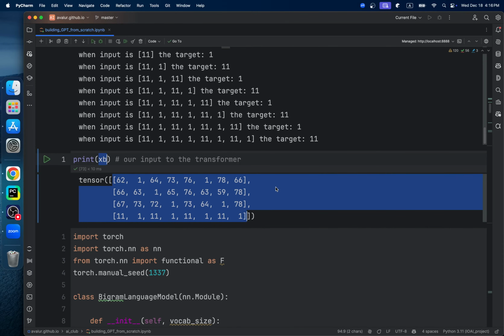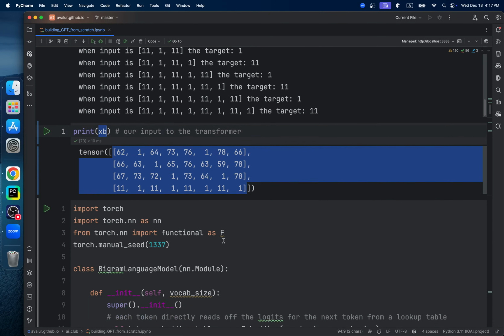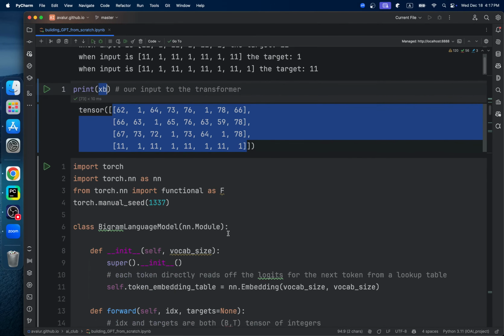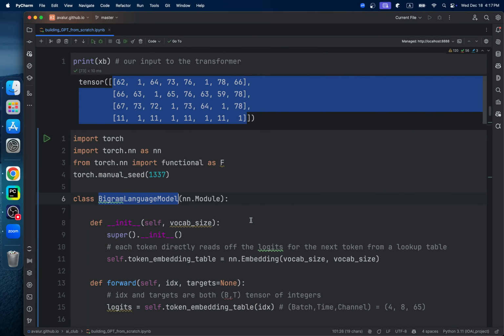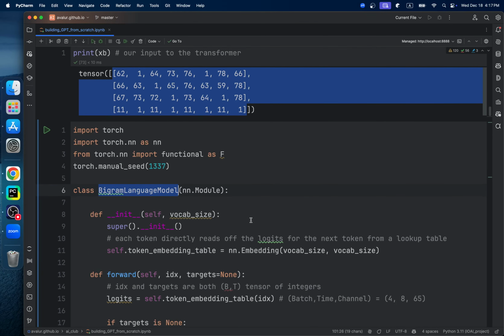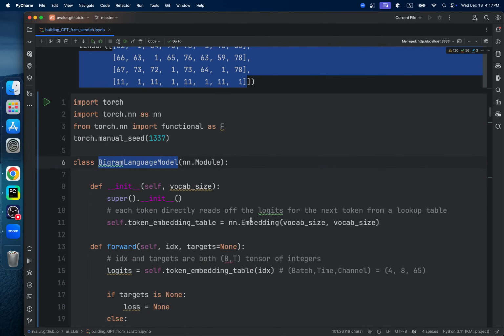And now, based on this input, we are ready to implement a basic model. It is not a transformer model. It is again the bigram language model as we used before. In a bigram language model, we just predict the vector of lookup size with all the raw scores and then probabilities of next tokens.